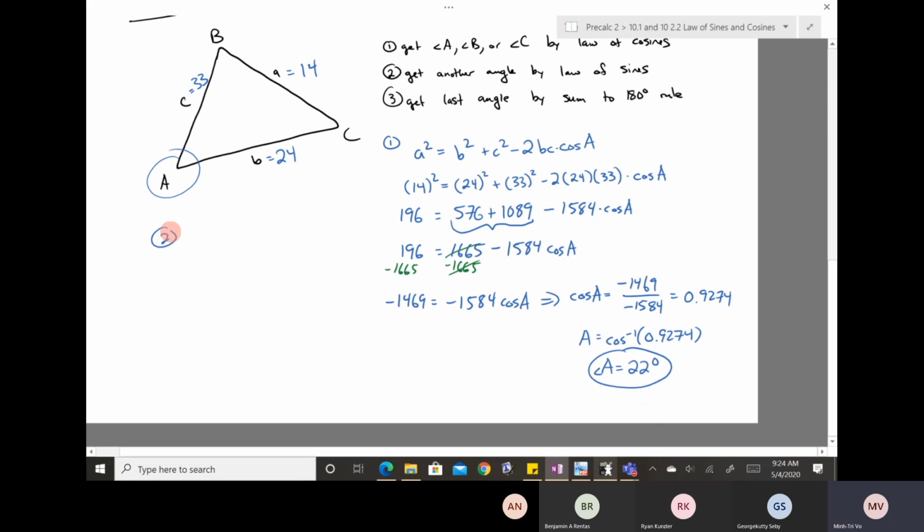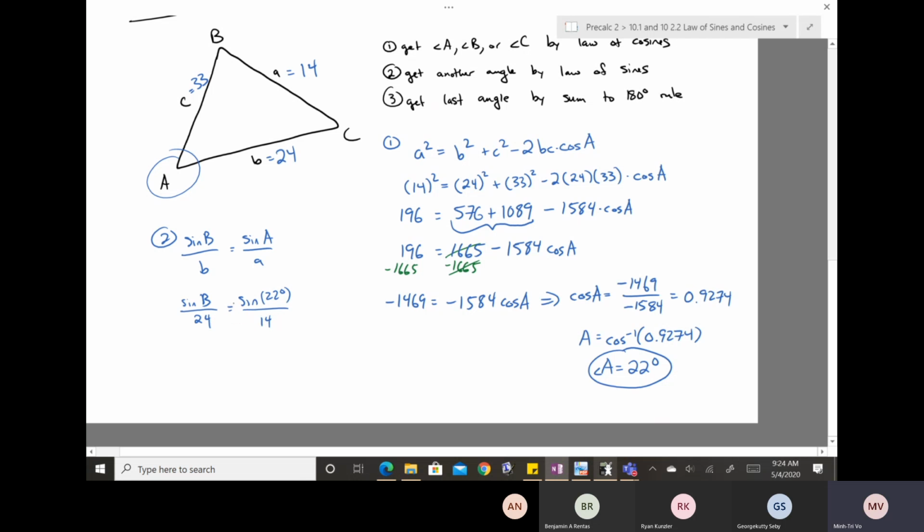I'm running out of space, so let's just do it over here, right? So now we can switch to the law of sines again. Sine B over side B is equal to sine A over side A, right? So sine B over 24 is equal to sine 22 degrees over A, which is 14.